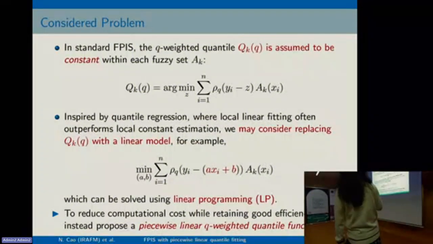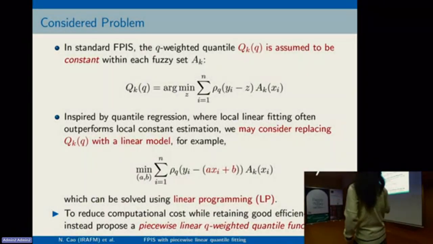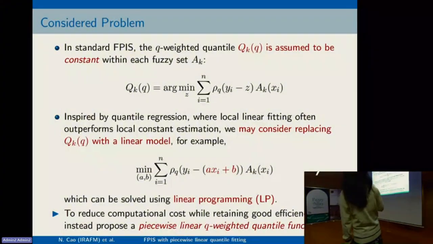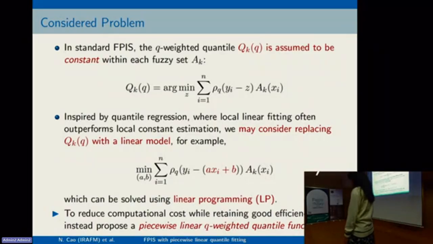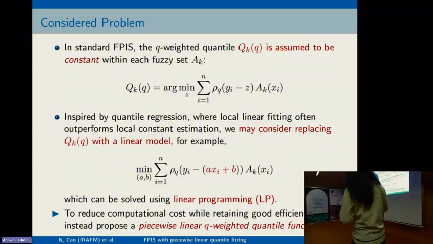We just find that. And inspired by quantile regression in the standard setting, we know that local linear fitting often outperforms local constant. So it's very natural to extend from the constant weighted quantiles to a kind of linear model.